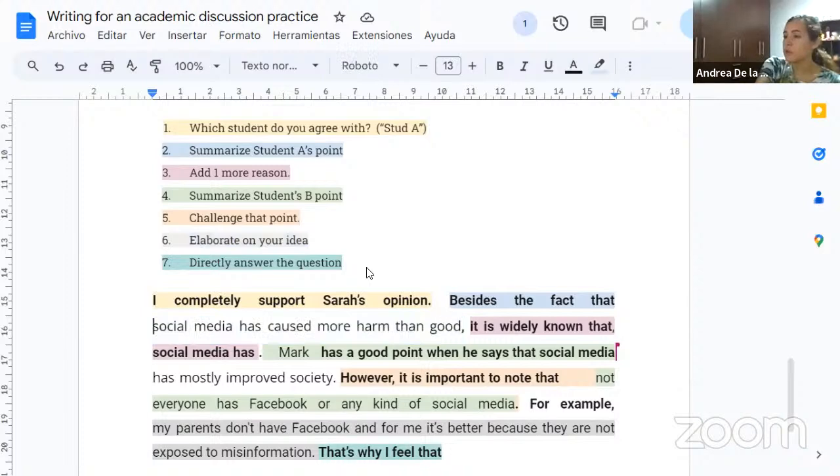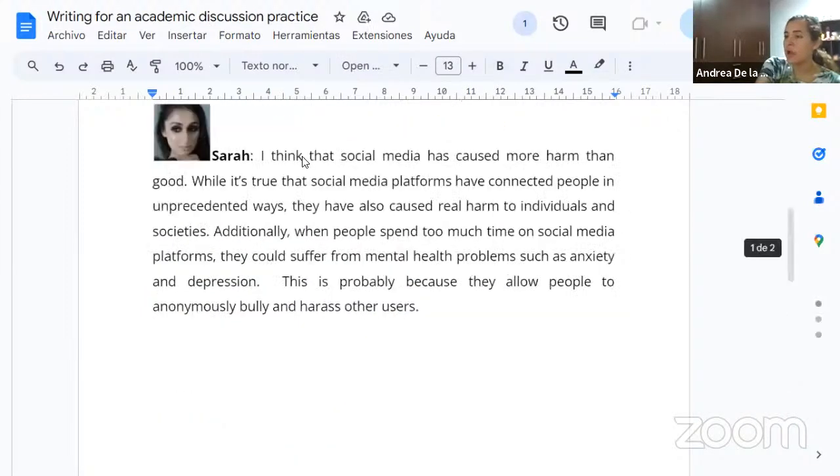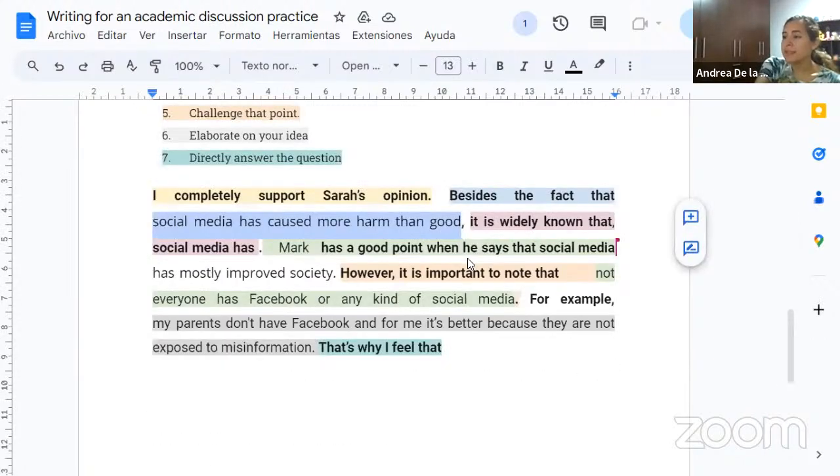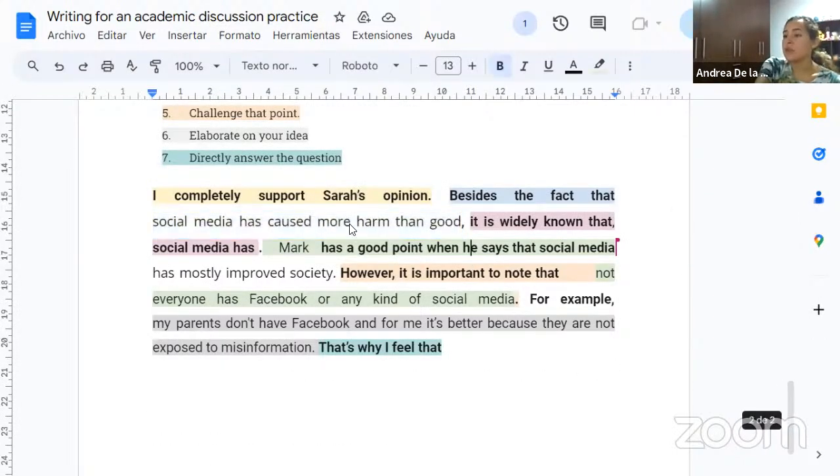So she says that social media has caused more harm than good because I think her main point is that people are suffering from mental health problems, right? So you could say, besides the fact that social media has, I don't know, increased mental illnesses in people, for example, it is widely known that, so that would be one thing.